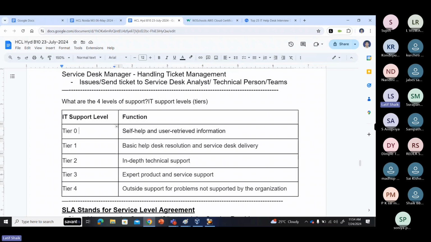I think you now understand the different levels in the service desk. Depending upon your experience, you will go on to the different levels. There are two things: one is experience, another one is domain knowledge. What does domain knowledge mean? Windows server knowledge, Linux or networking, cloud computing.